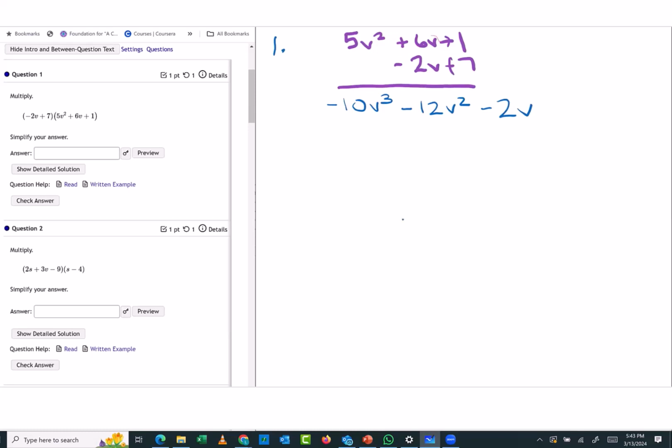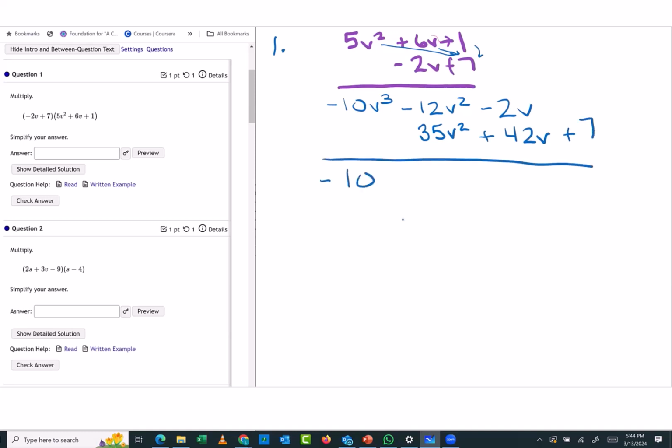And then I'm going to do the same thing with the second term. I'm going to multiply this, which gives me 35v squared. And I'm going to put that right here under the v squared. Next, 6v times 7, which gives me plus 42v. And then last, 1 times 7. And then I just add down.